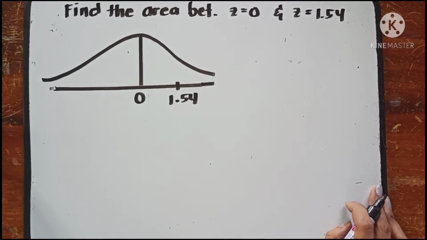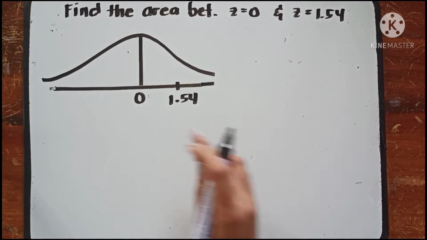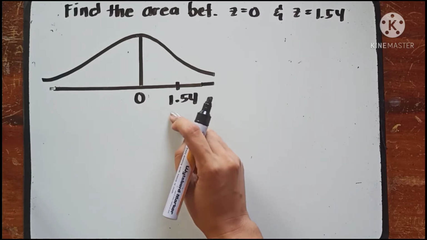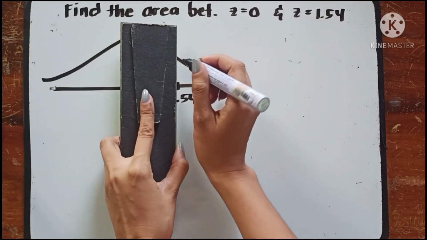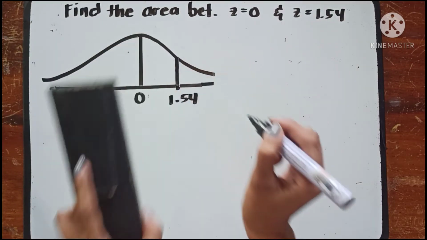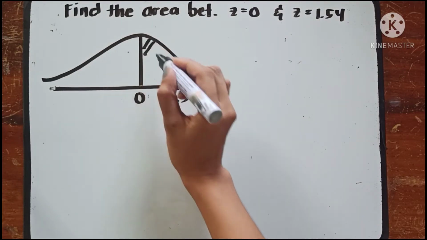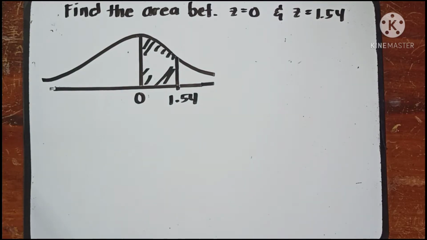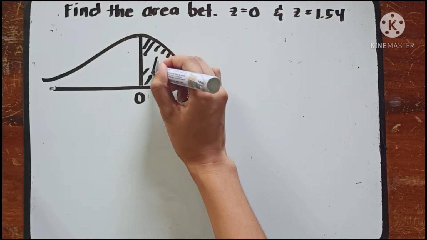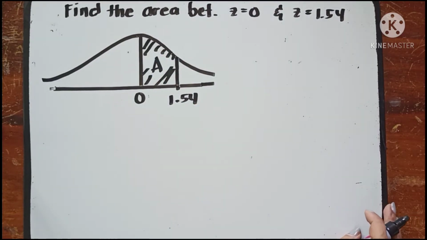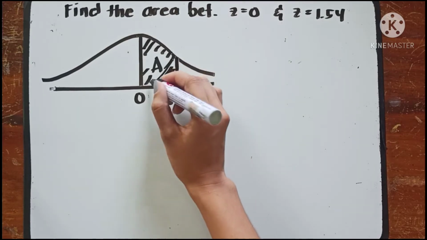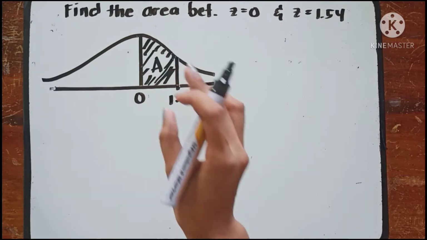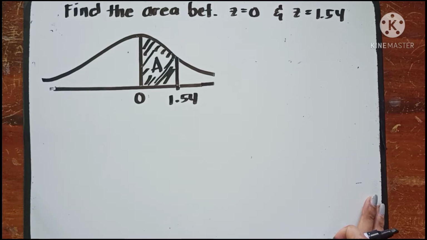Okay, so now, we're going to find the area between z is equal to 0 and z is equal to 1.54. So, ang hinahanap natin is area from 0 to 1.54. So, ito yung hinahanap natin na area. Okay? So, ayan yung hinahanap nating area. And we let this as A. So, shade na natin para ito yung nagpapakita na yan yung area na hinahanap mo.